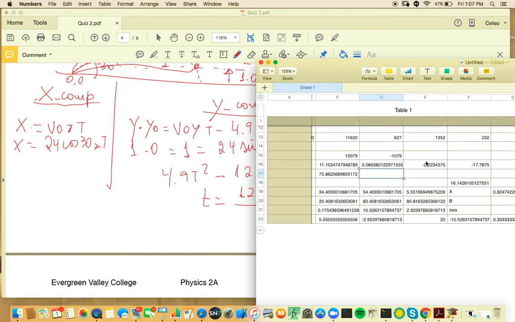This is the first time, and the other one is equal to 12 plus this divided by 9.8. So those are the two times that I got.